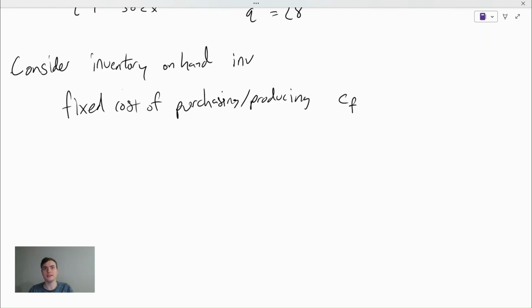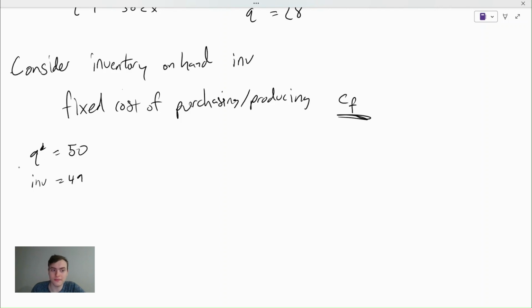So now, because of this CF, we're not always going to order up to Q star, right? Let's say Q star was 50 units and our inventory on hand was 49. It wouldn't be worth paying this fixed cost to order one more unit.